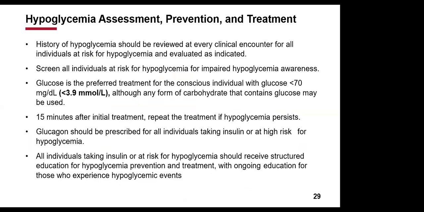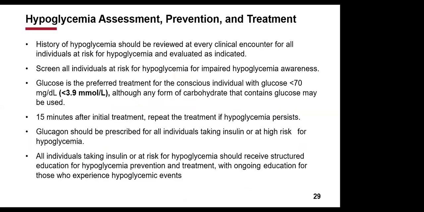So in patients with diabetes, you want to assess for hypoglycemia or the risk of hypoglycemia. Whenever they come in, you want to make sure you review if they have had any history of hypoglycemia, especially for those at increased risk.